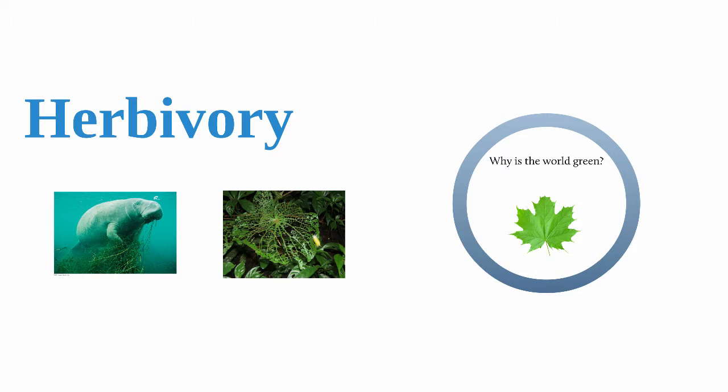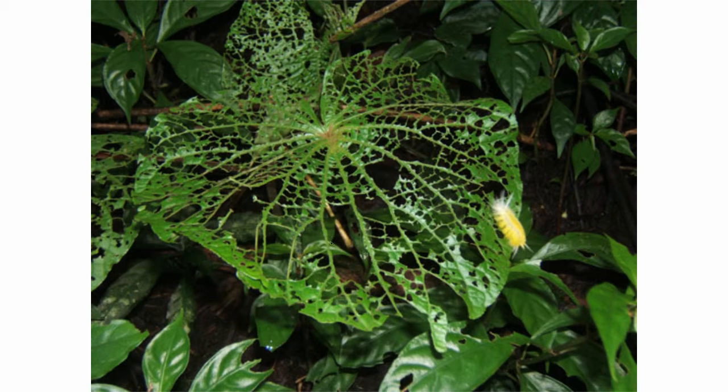And so the last exploitative relationship I want to talk about is herbivory. Okay, so the herbivore feeds on the plant, it gets energy from the plant, herbivore wins, plant loses. You can see here that this caterpillar has actually skeletonized this leaf. It left the vascular tissue behind.